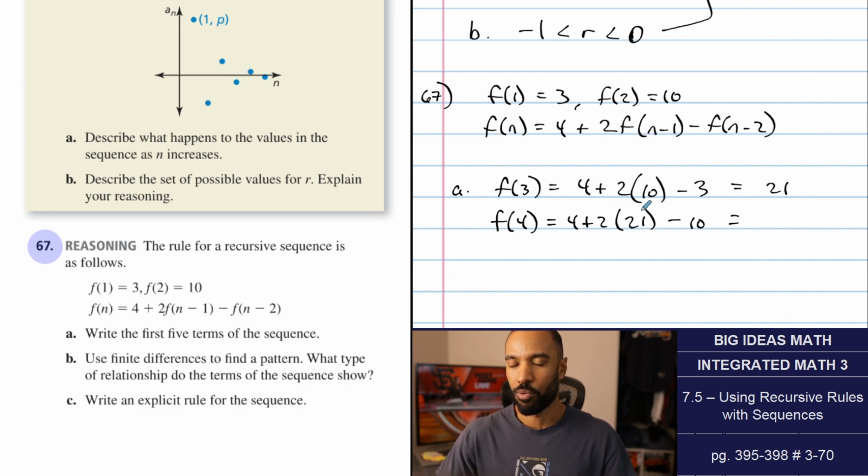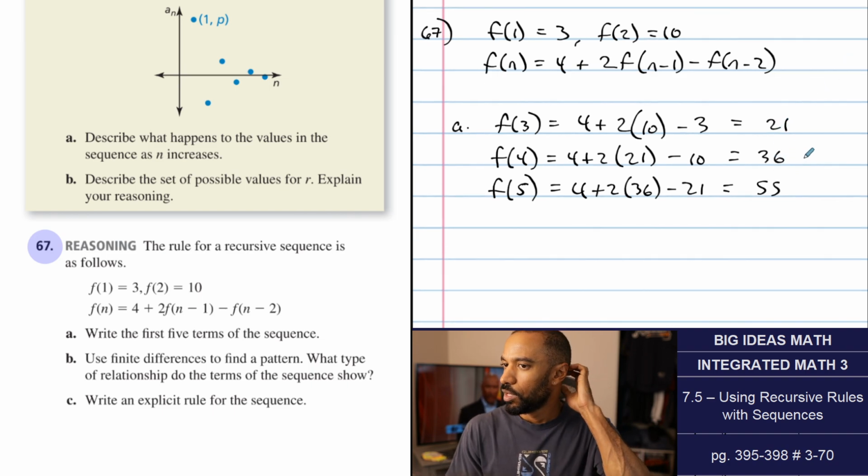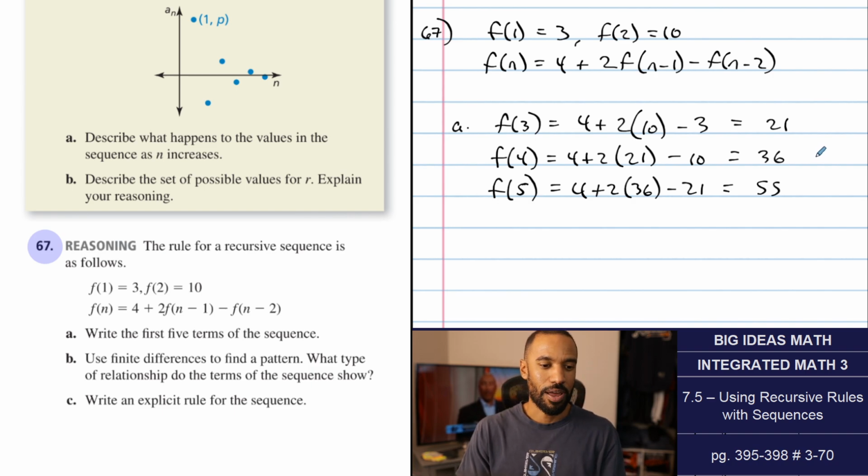That's 4 plus 42, which is 46, minus 10 is 36. And f of 5 is going to be 4 plus 2 times 36 minus 21. That's 4 plus 72, which is 76, minus 21 is 55. I was going to say, is this Fibonacci sequence? But I don't think it is.